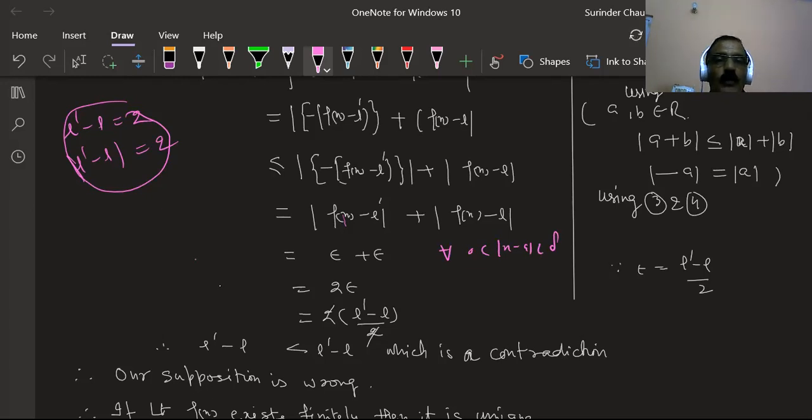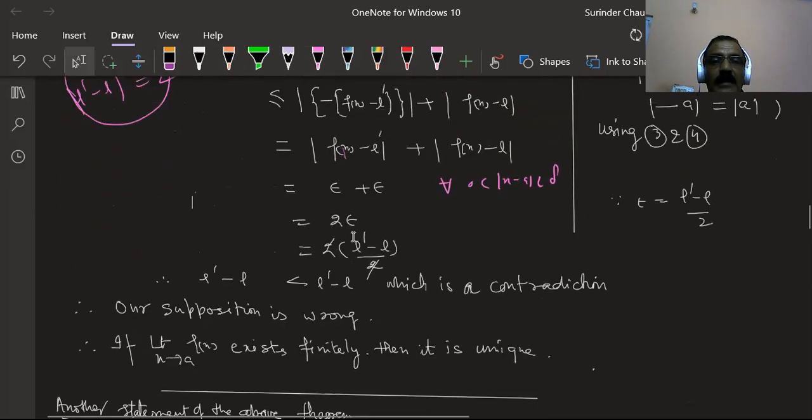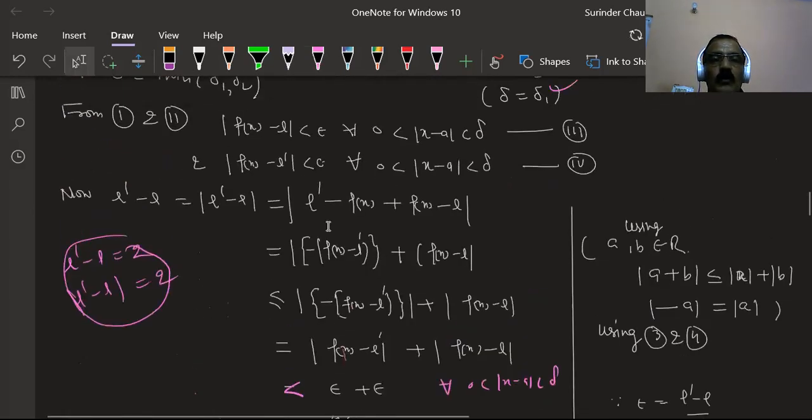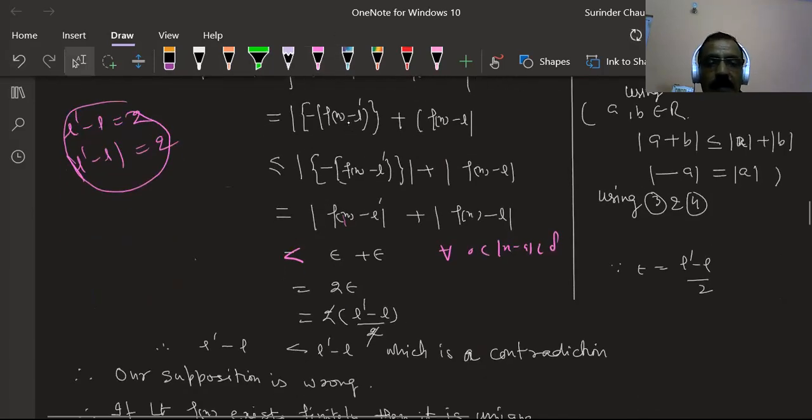Now when we conclude this, we substitute from the third and fourth. So L' minus L will become less than L' minus L.